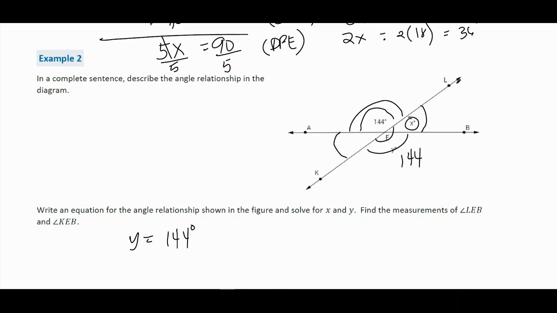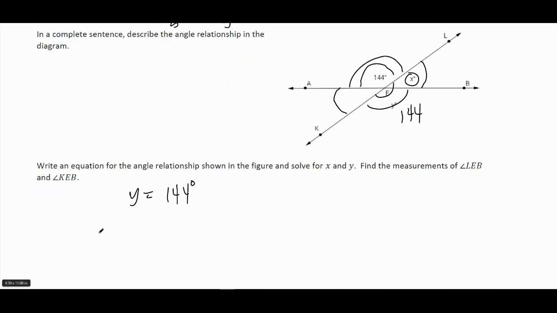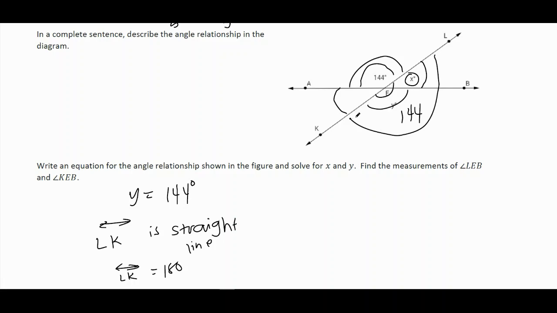All right, since this is a straight line, y is equal to 144 degrees. So as you can see, line LEK, or line LK, is a straight line. Since it is a straight line, therefore line LK is equal to 180 degrees. It means this particular angle here is going to be 180 degrees. And how do we solve for x?